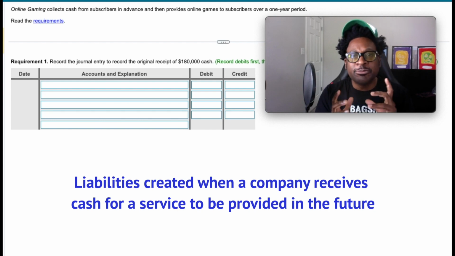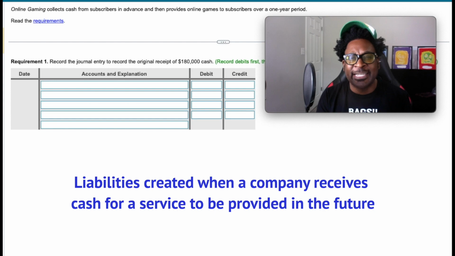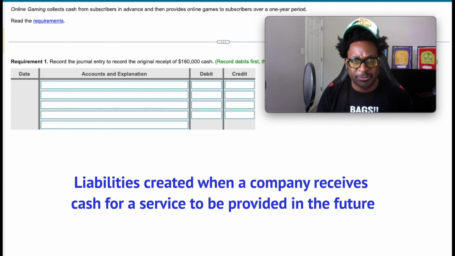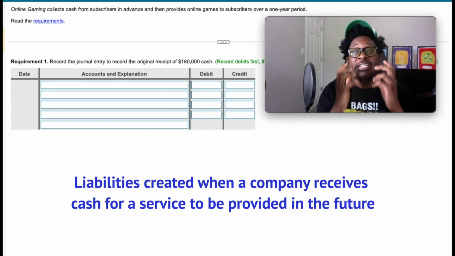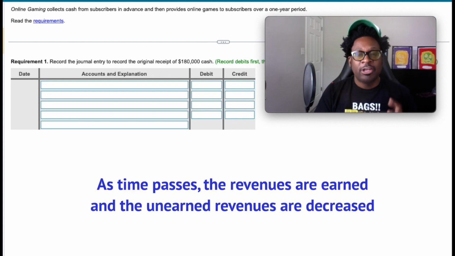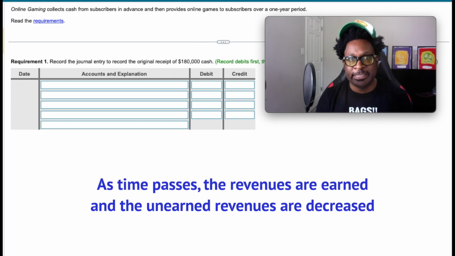Since the cash was received upfront before the services have been provided, this is not considered an opportunity to record revenues. Unearned revenues aren't revenues, gang. They are liabilities. Why? Because the cash was received for the service in the future, thus creating a liability because the company still owes the service. So initially, an unearned revenue must be recorded as a liability.